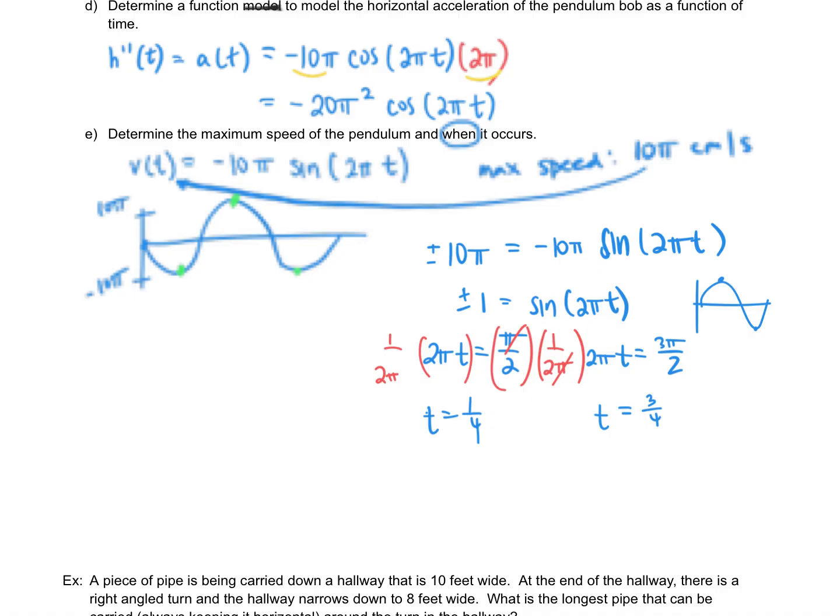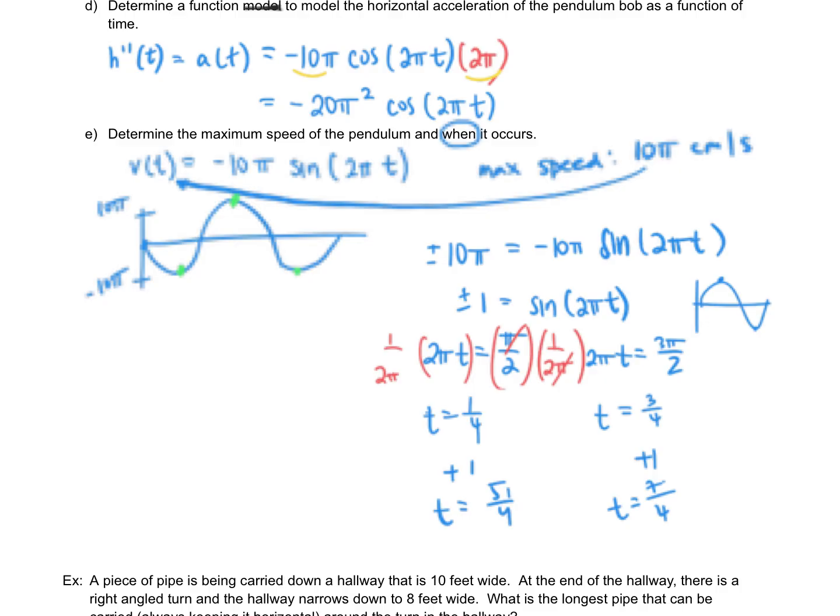And I can use the period of this speed function to find the next points as well. The k value is 2 pi, so the period is still just 1. If I wanted more, I would just keep adding 1. So 5 over 4, 7 over 4. Those are all answers.